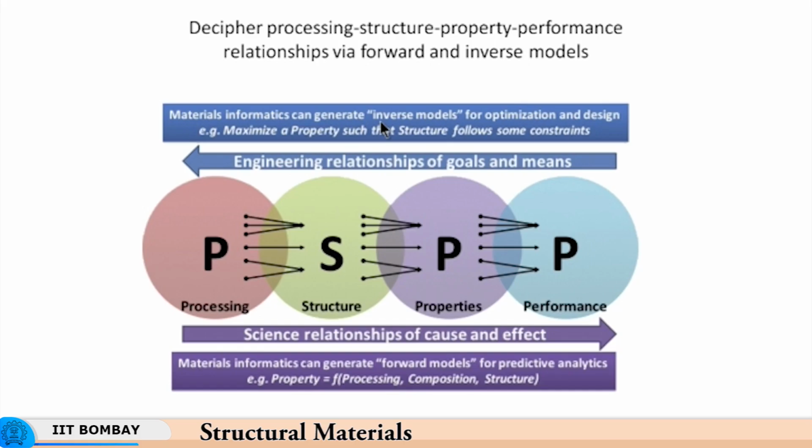Now, this structure means not only microstructure, but also the crystal structure, crystallographic orientations, and then you would have the structure of the grain, number of phases present, and therefore, the corresponding processing conditions would be established once you have determined what kind of structure, what kind of phases should be present in the microstructure, so as to achieve the properties and the performance.